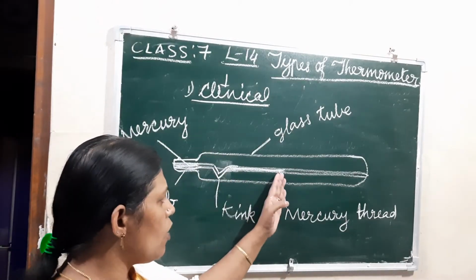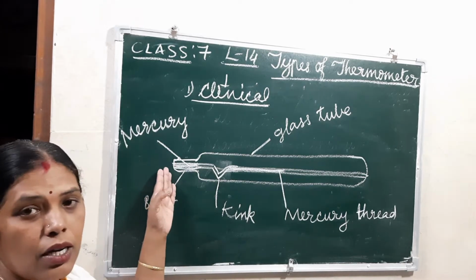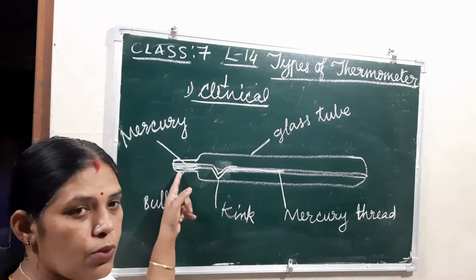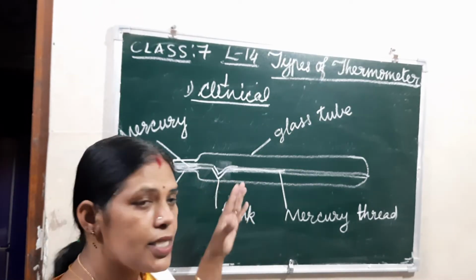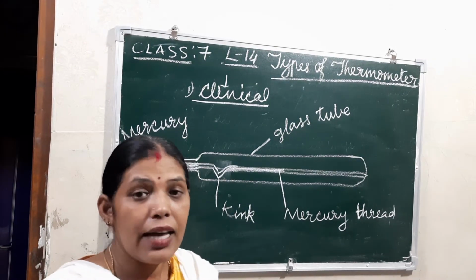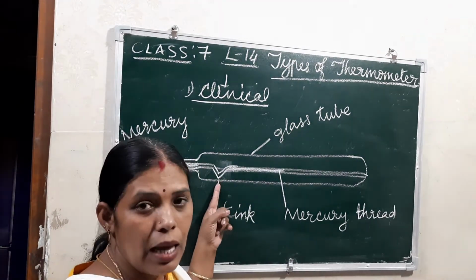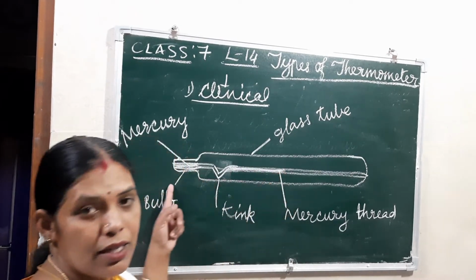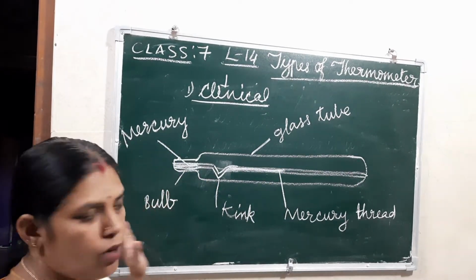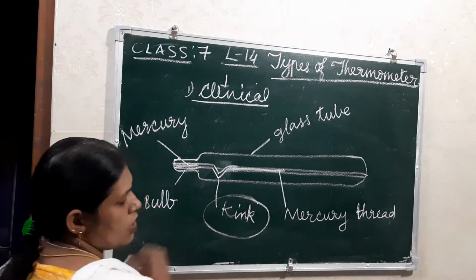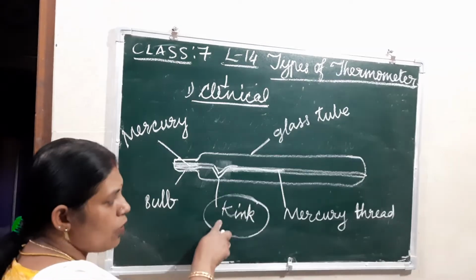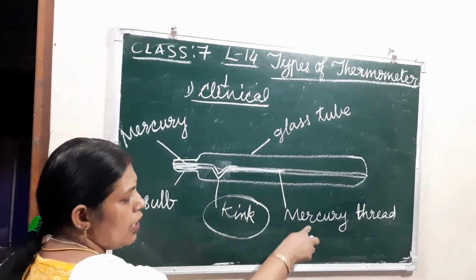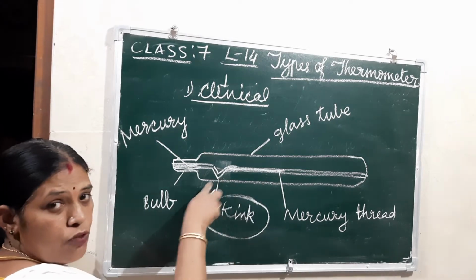It will not allow the mercury thread to fall down below this, so that they can measure it properly. Otherwise, if there is no kink, what happens? Before taking the measurement, when we take it out, the mercury comes down, so it is of no use at all. For that, this kink works. It is very helpful, because of this only the mercury thread does not fall down.